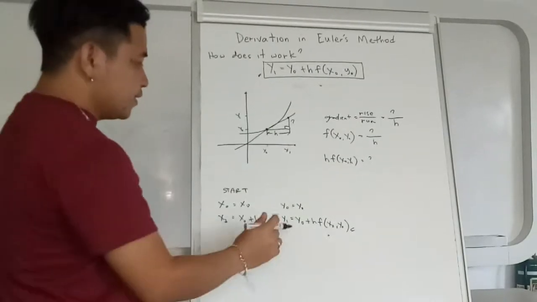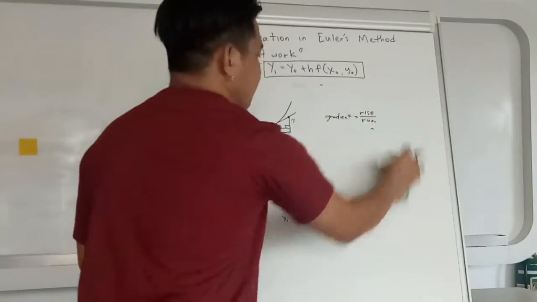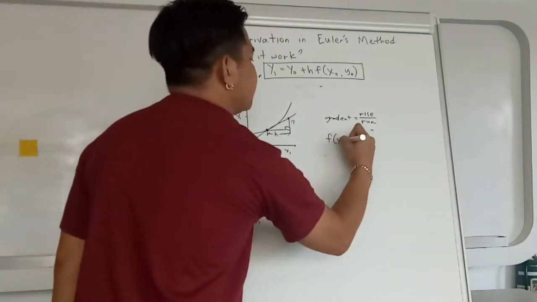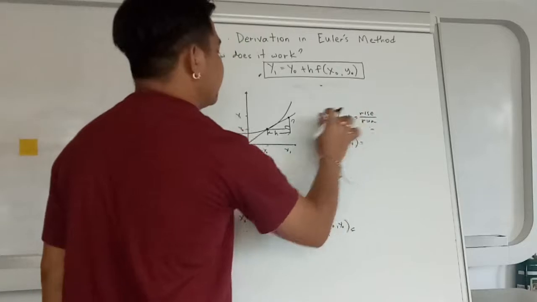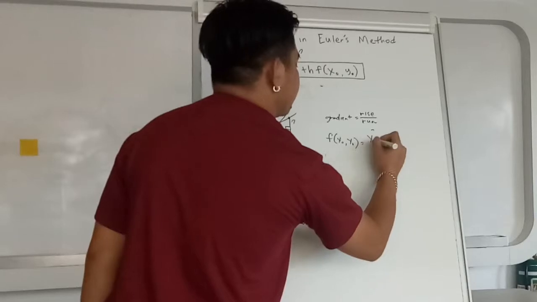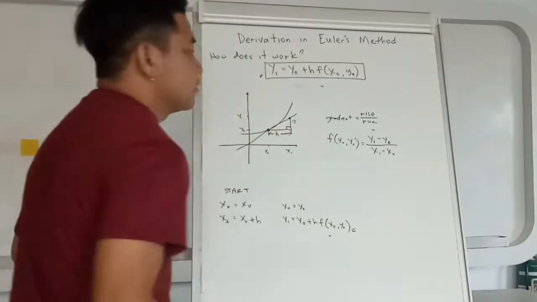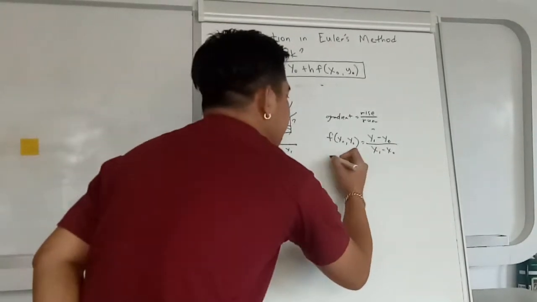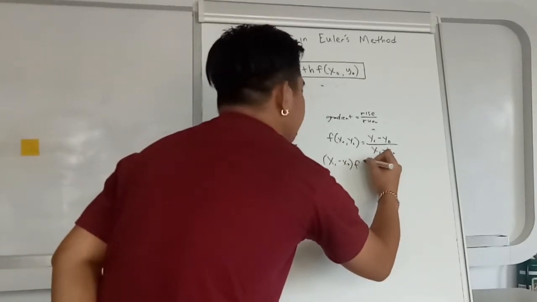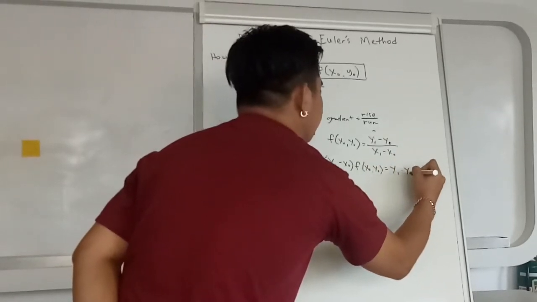We have another way to get this formula. Like I said, our rise over run, the gradient. Our gradient f of x sub 0, y sub 0 is equal to our rise, y sub 1 minus y sub 0, over x sub 1 minus x sub 0. We cross multiply, so x sub 1 minus x sub 0 times f of x sub 0, y sub 0 is equal to y1 minus y0.